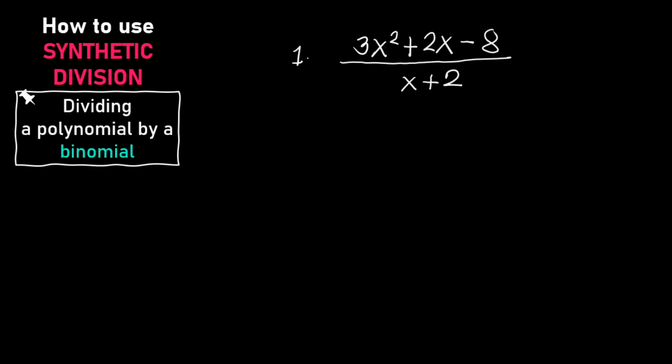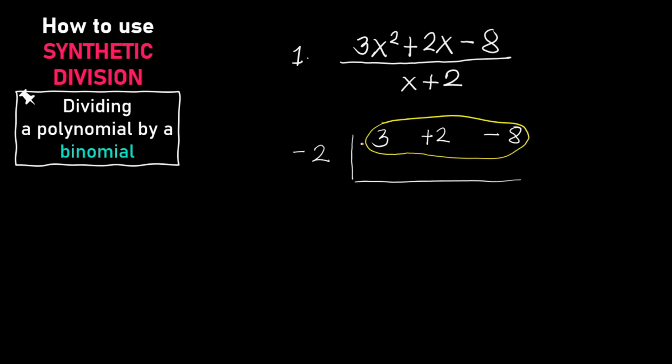3x squared plus 2x minus 8 divided by x plus 2. In synthetic division, we need to rewrite it, where the inside part are the numerical coefficients of the dividend, but make sure to arrange them in order from highest degree to constant.